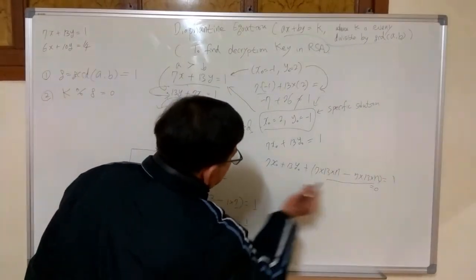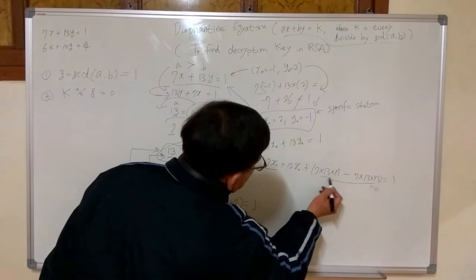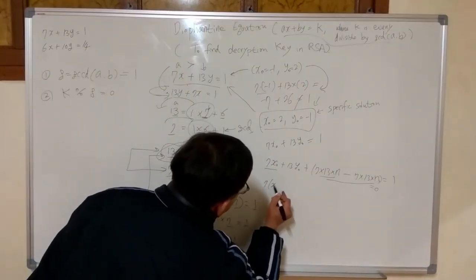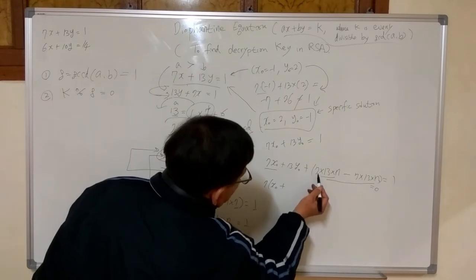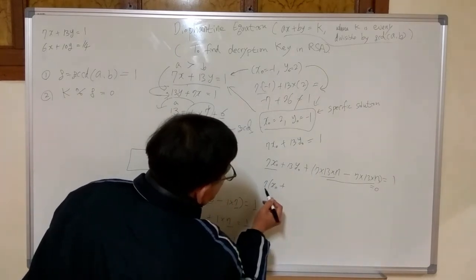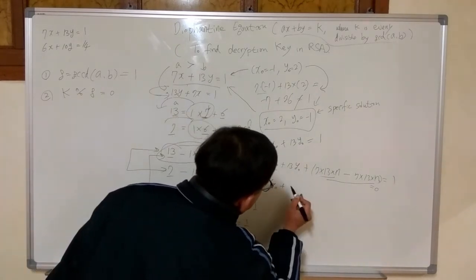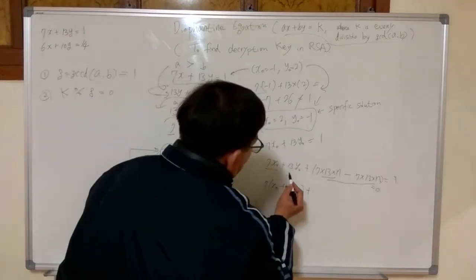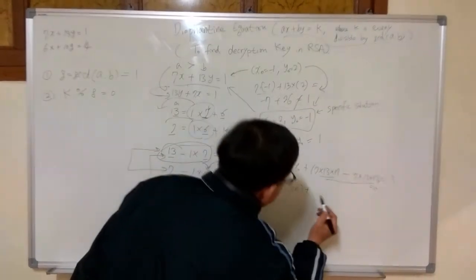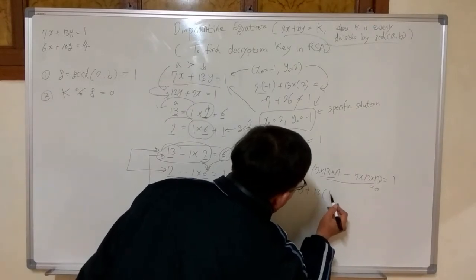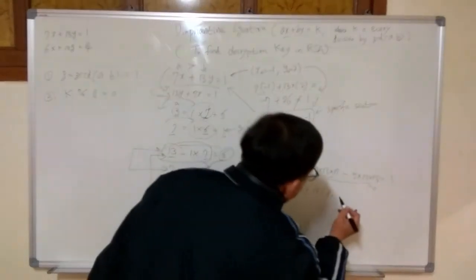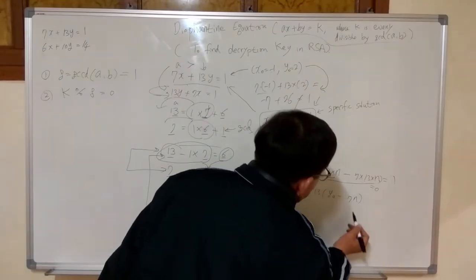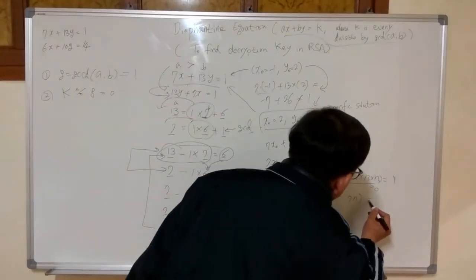Then we will arrange them with this one. So 7 times x0 plus 13n, I factored out 7, plus, now I factor out 13, y0 minus 7n, right, equals 1.